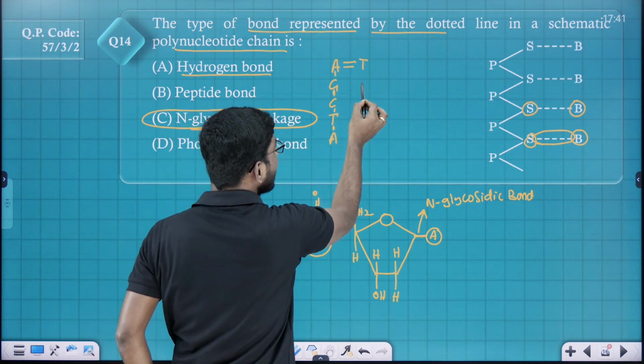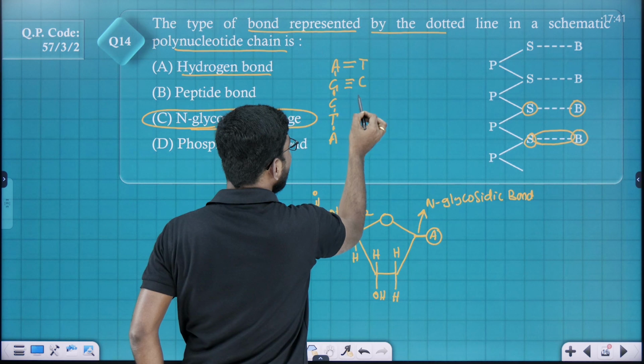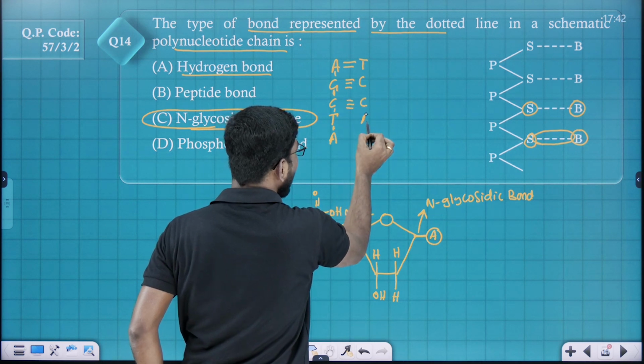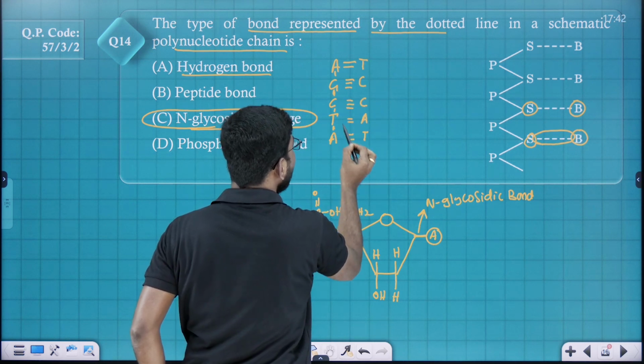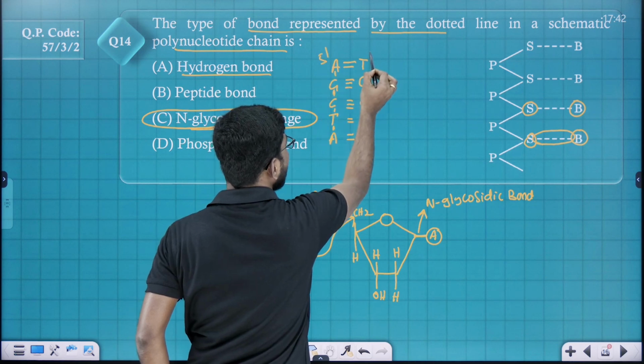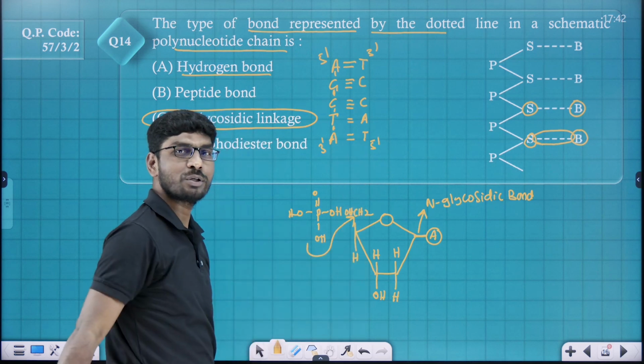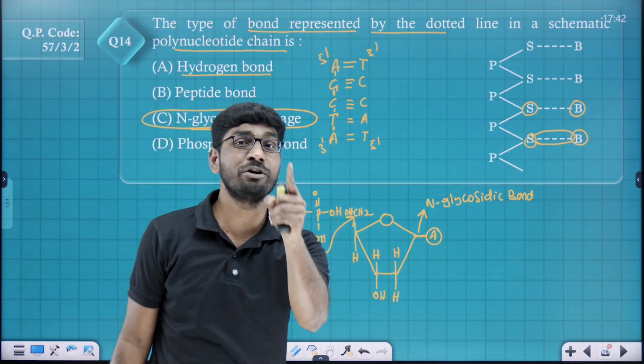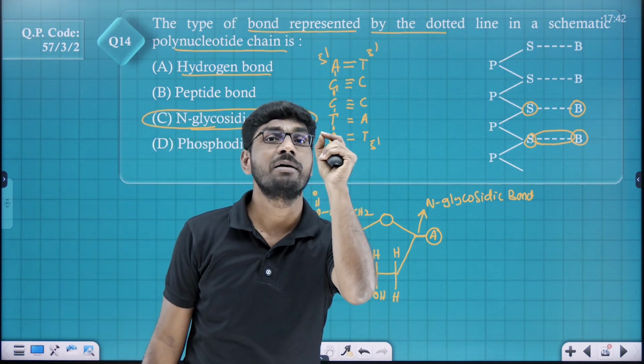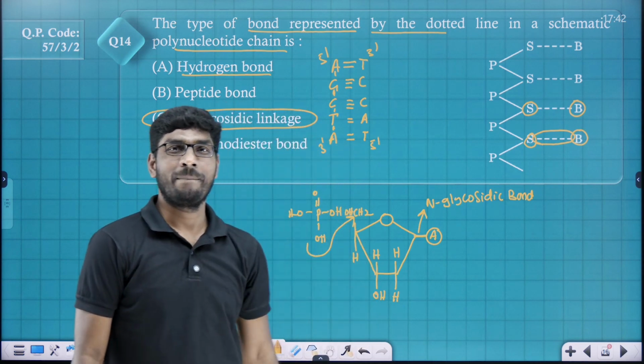When you write the complementary strand, C triple bond G, A double bond T. This is 5 prime, opposite and anti-parallel, 3 prime. Here it is 3 prime and this is 5 prime. So what type of bond is between the pentose sugar and nitrogen base? N-glycosidic bond. Am I clear?